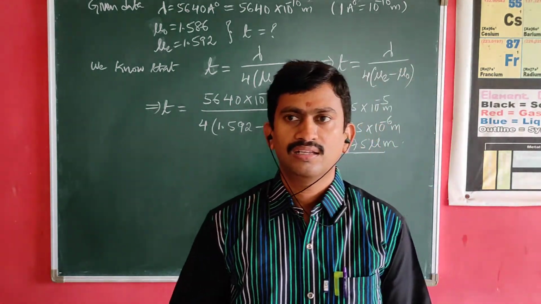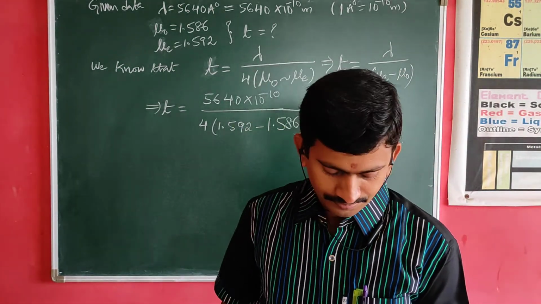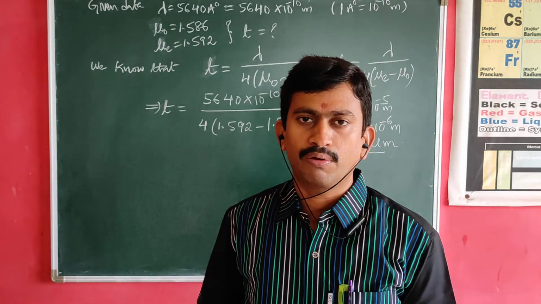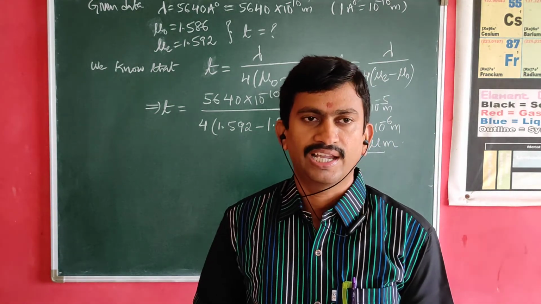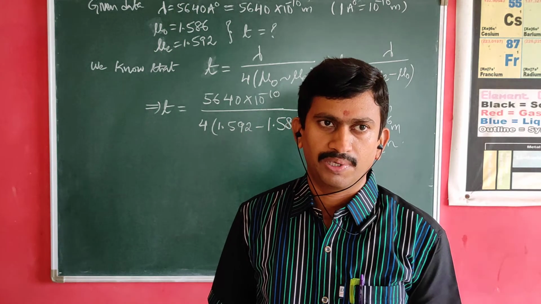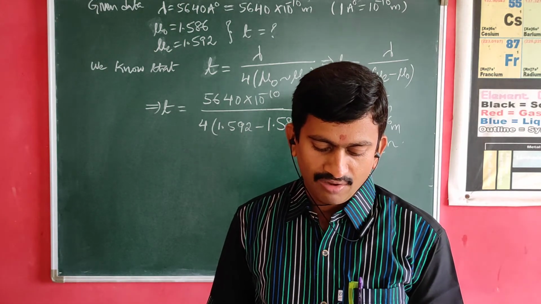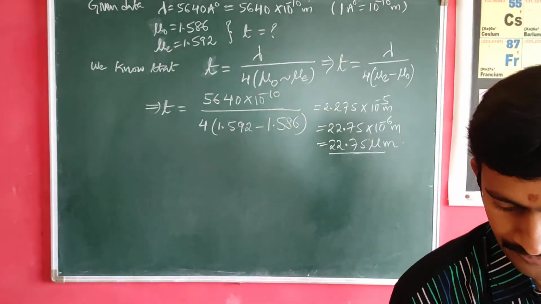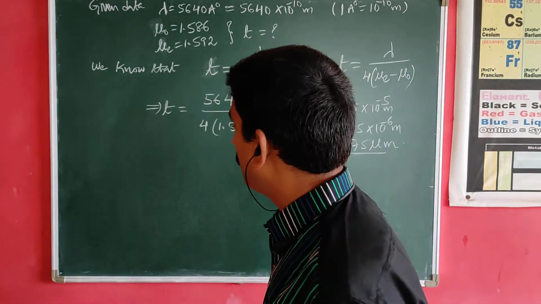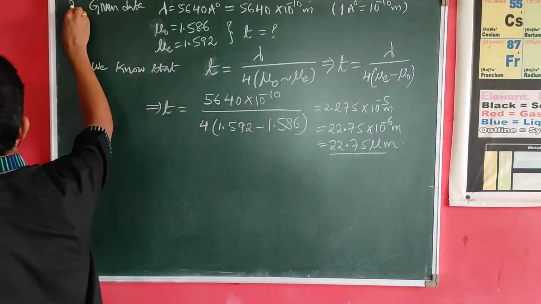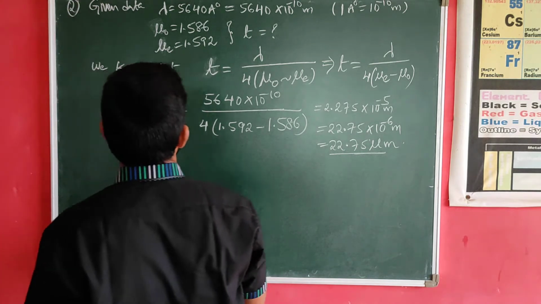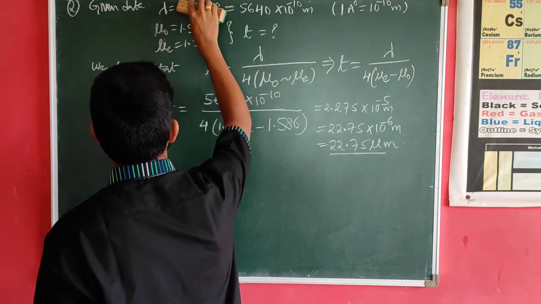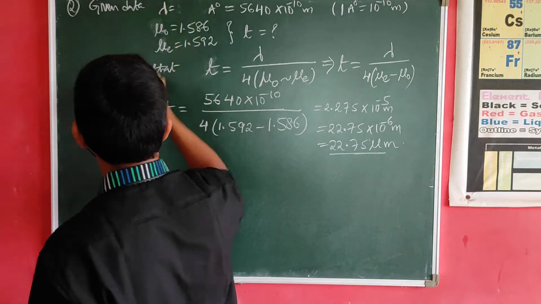Calculate the thickness of a quarter wave plate for a light of wavelength 6000 angstroms. Here in the second problem, the given data is the wavelength 6000 angstroms.